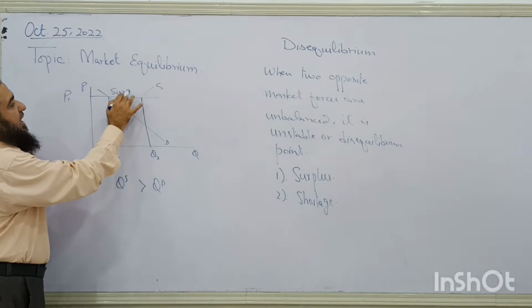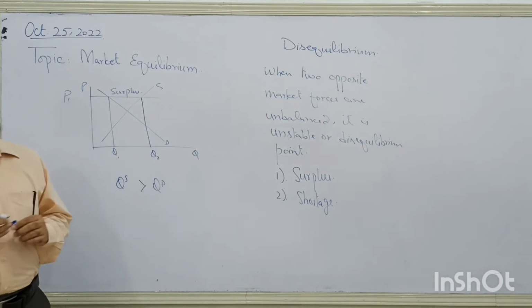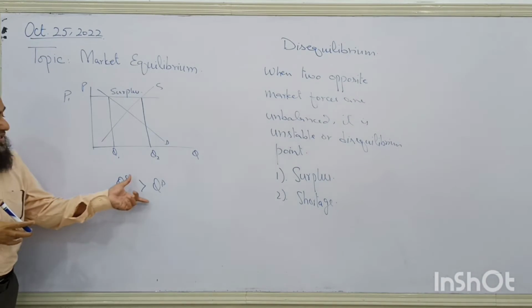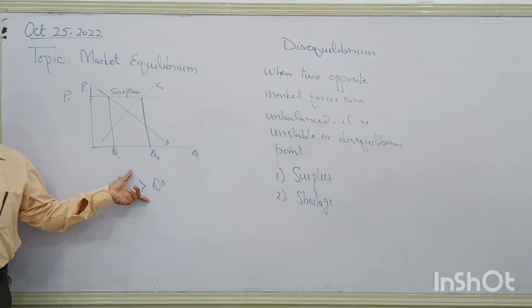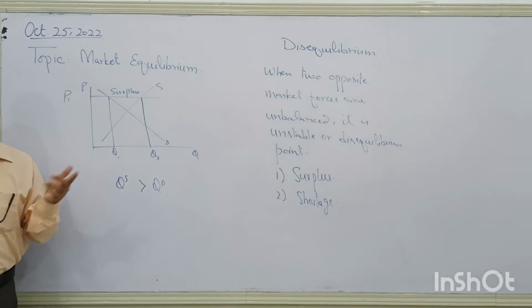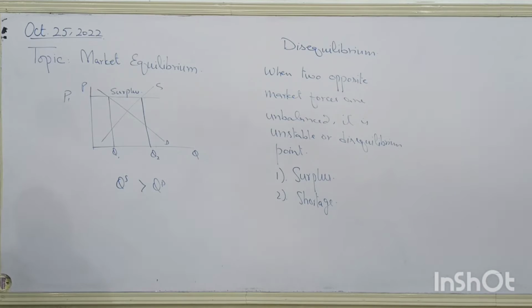This area is called a surplus. This is a sign of inequality, which shows us a disequilibrium condition, that there is a surplus in the market. The producers are supplying more than demand. So when they are supplying more than demand, we see there is a surplus in the market.